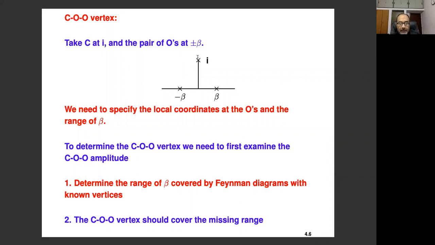So here I place the C at i, and I choose the 2 O's symmetrically. We put 1 at minus beta, 1 at beta, and then beta, of course, has to be integrated over. You also have to specify the local coordinates at the location of the open strings. But first we need to decide what is the range of beta that underlies this vortex, that COO vortex.